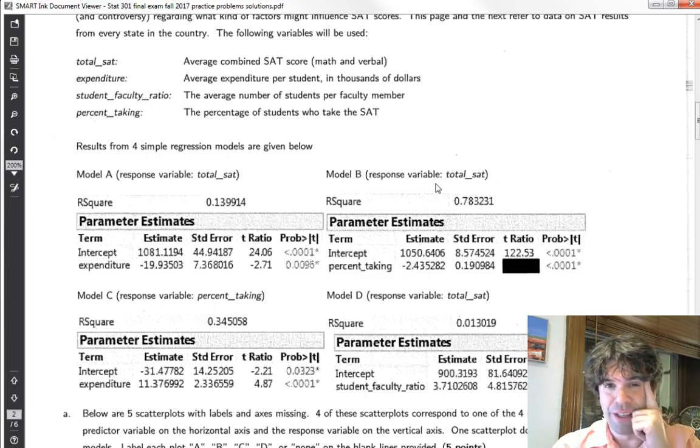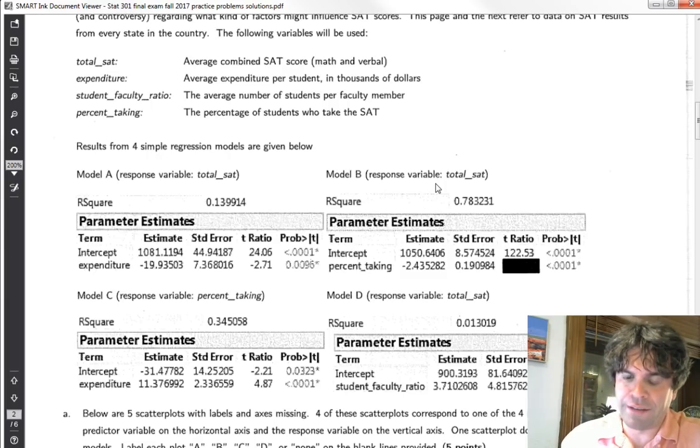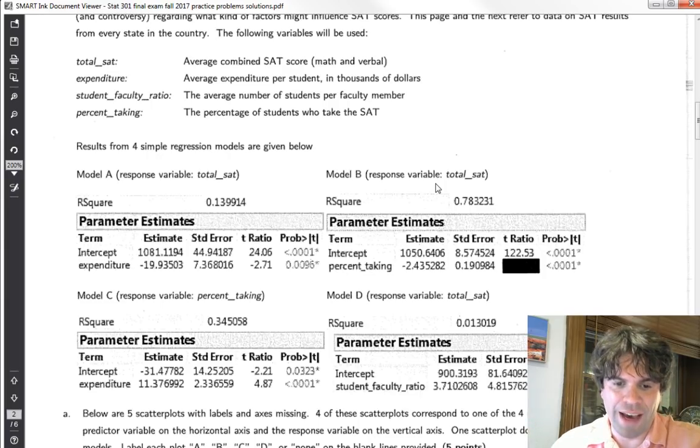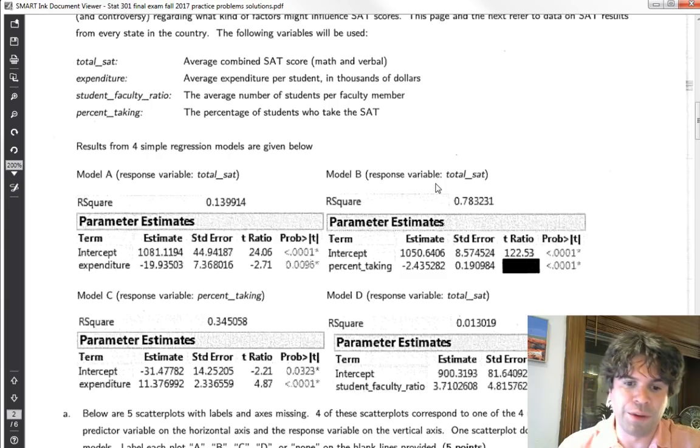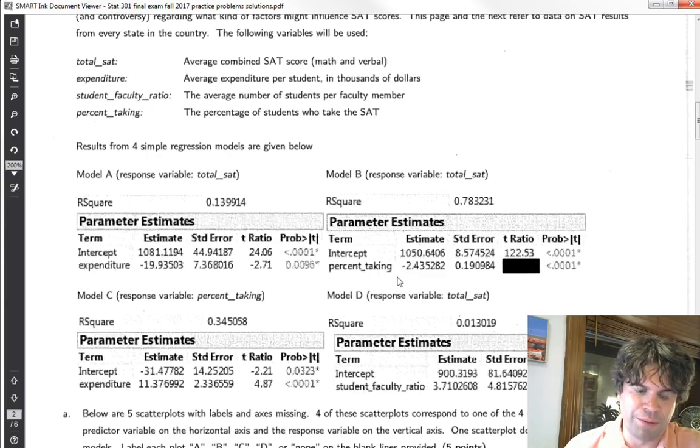So states in which there is more money being spent per student are states in which there is a higher percentage of students taking the SAT in the first place, and when you have a higher percentage of students taking the SAT in the first place, that is associated with lower scores on average. So it's sort of like this percent taking variable is right there in the middle between expenditure and total SAT.